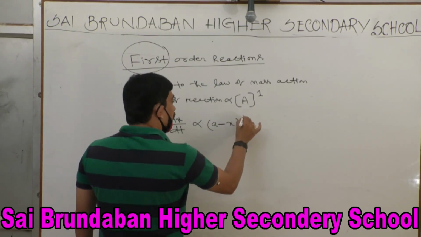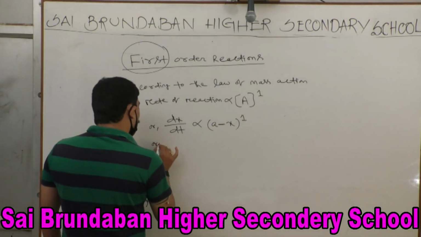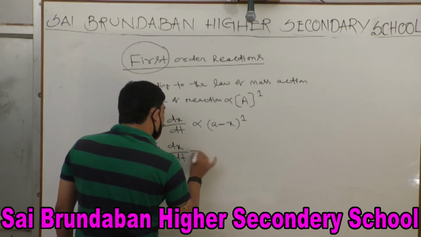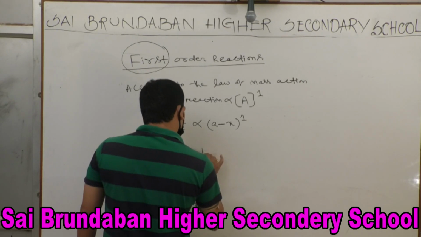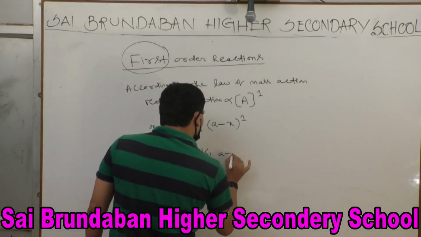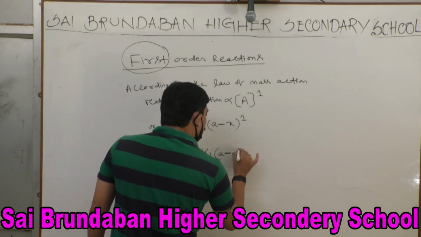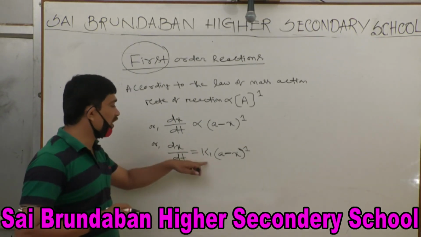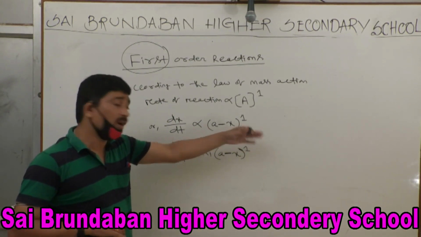A minus X, to the power 1. Or dx by dt equal to K1 (A minus X) to the power 1.